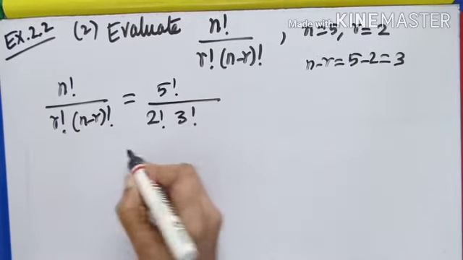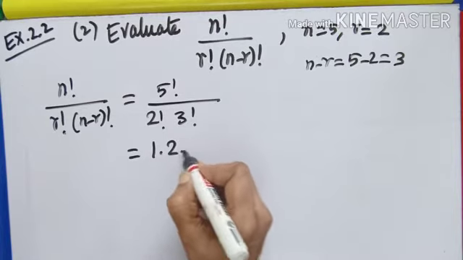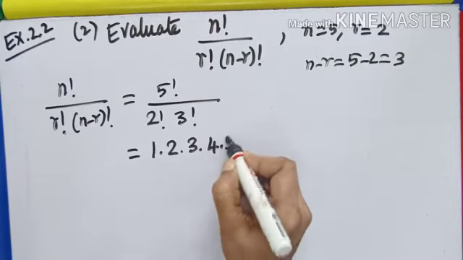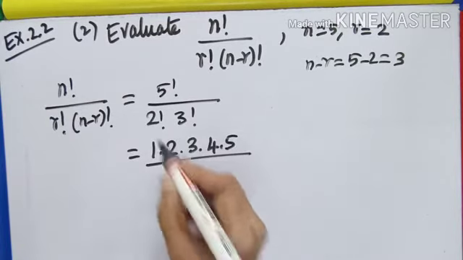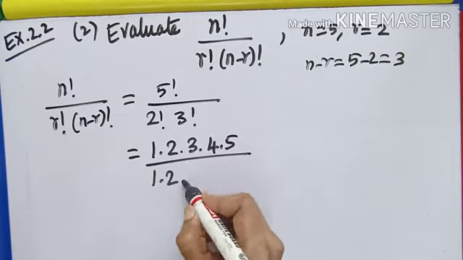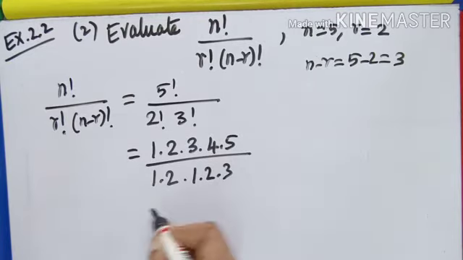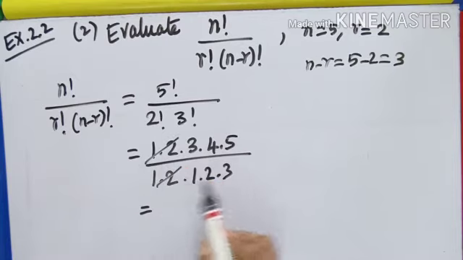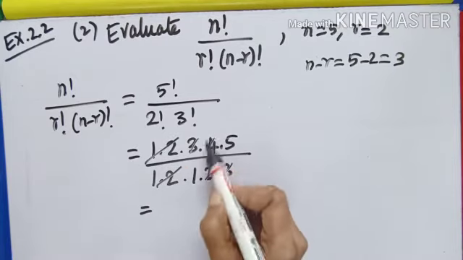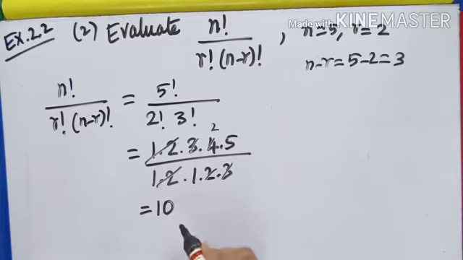So 3 factorial. 5 factorial is 1 into 2 into 3 into 4 into 5. 2 factorial is 1 into 2. 3 factorial is 1 into 2 into 3. Cancel. So I get 10. 10 is my answer.